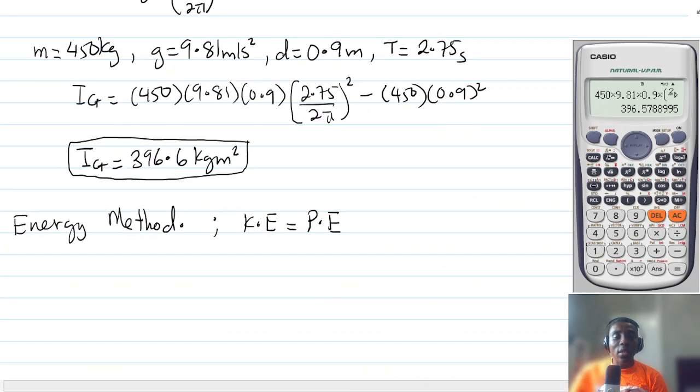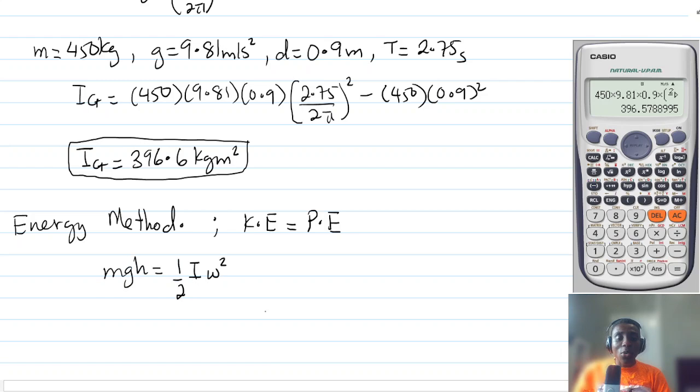So then what we have to say is that if the kinetic energy is equal to the potential energy, then we can write mgh is equal to half I omega squared. In fact, it is the other way around, but it's the same.